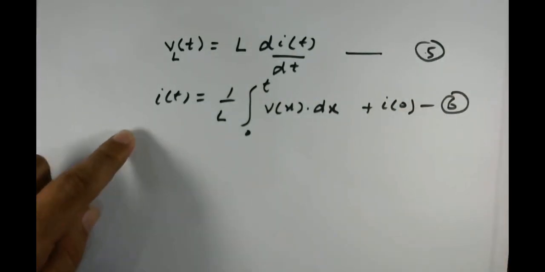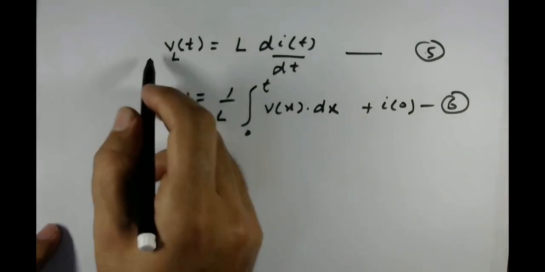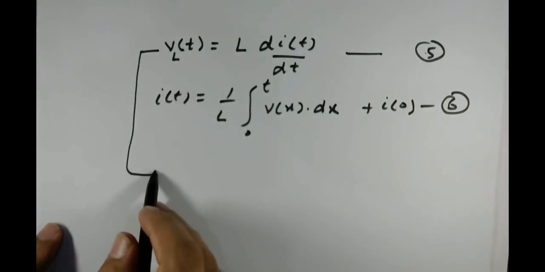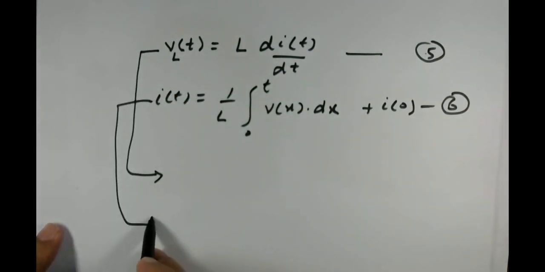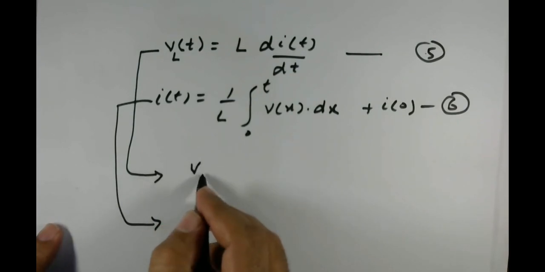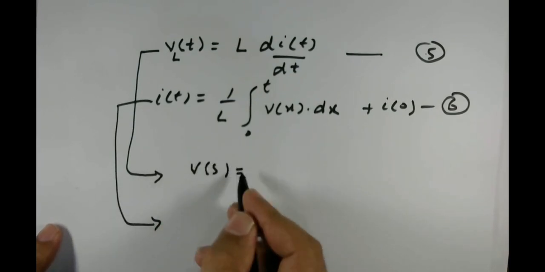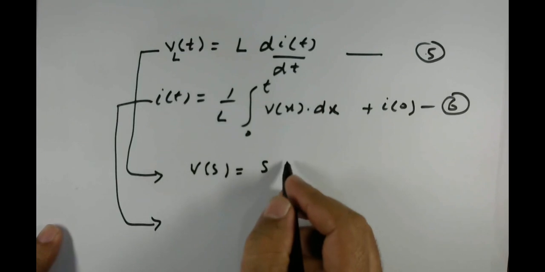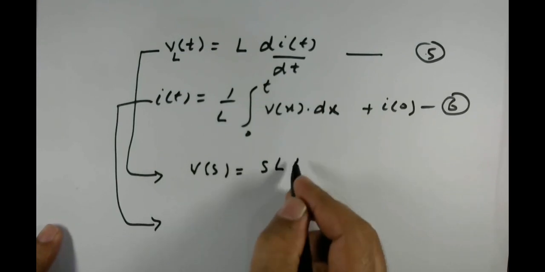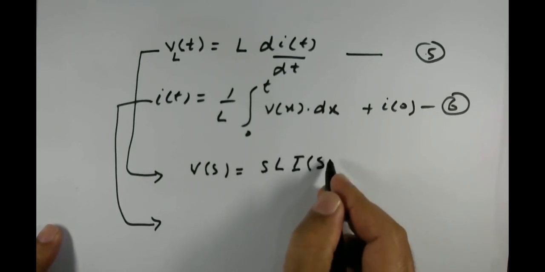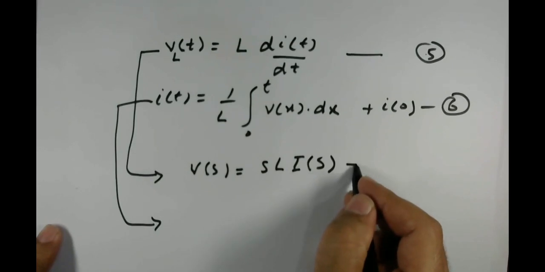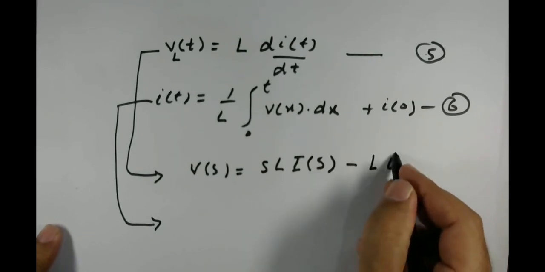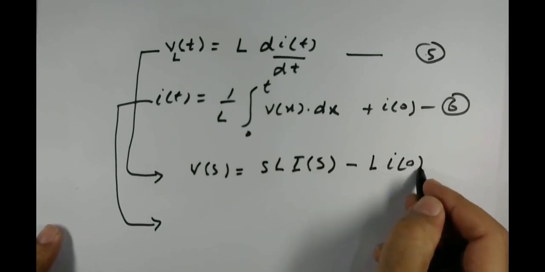Okay, we're going to use these equations later, and their Laplace equivalent will be this: V of s is equal to s L I of s, okay, or minus L I of 0.